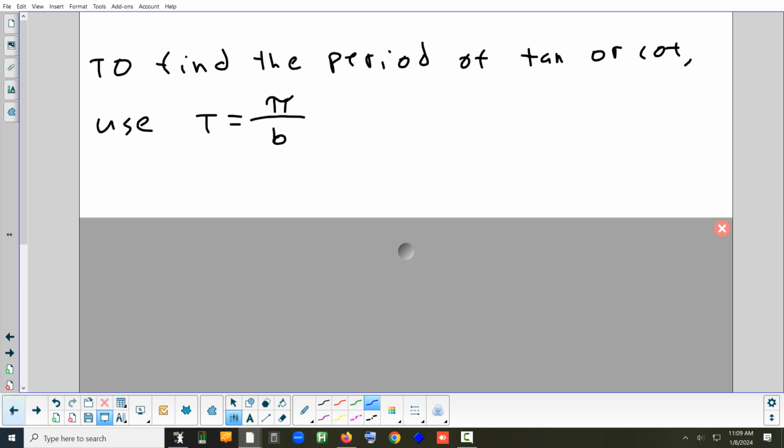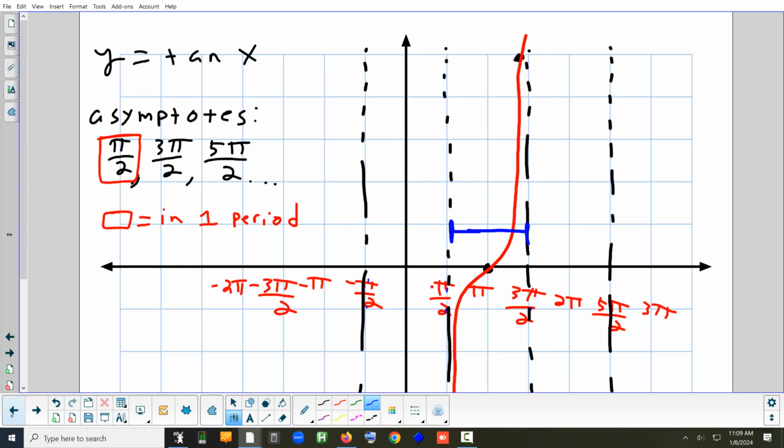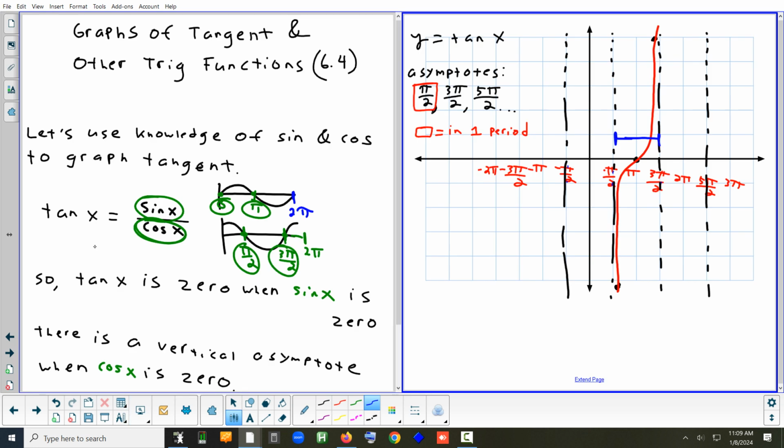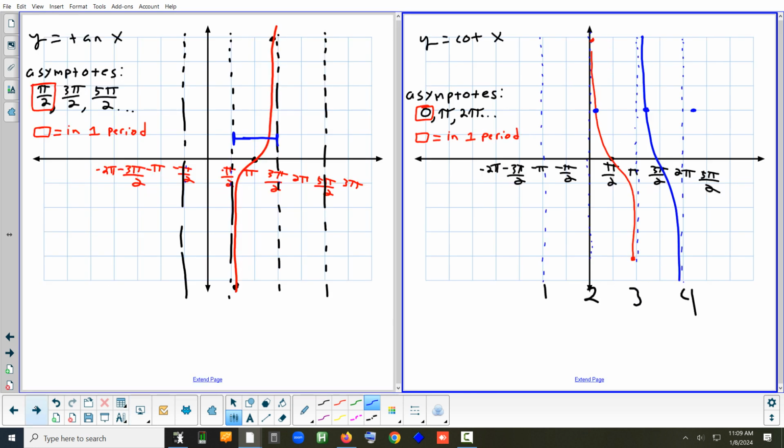Okay, so one thing I may ask you about is tell me where the asymptotes are in a function. So I'm going to explain to you now how you can figure out where the asymptotes are. And it's all based off knowing where they are originally. So you have to know for tangent, they start at pi over 2, and they repeat every 180 degrees in both directions.